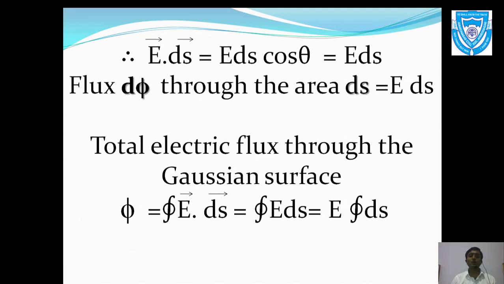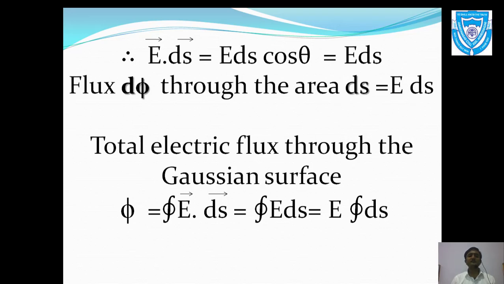Therefore, closed integral of E dS. Since E is constant due to symmetry, we take it out. In integration, we always take the constant outside the integration. Therefore, since E is constant, we have written it outside: E times closed integral of dS.